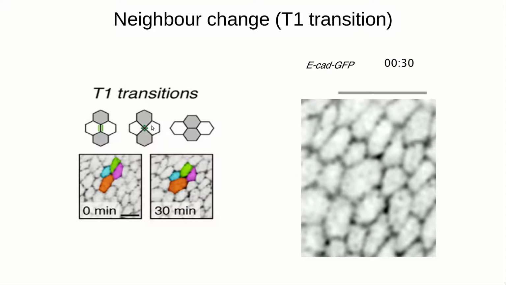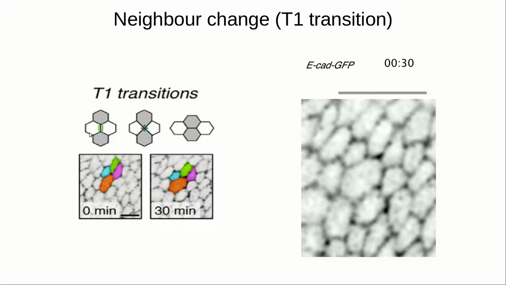Also, T1 transitions is how topological changes, or change of neighbors, are called. This is, basically, when you have one cell junction, it is replaced by a cell junction in the opposite direction.